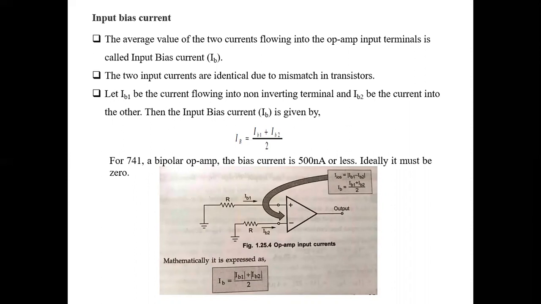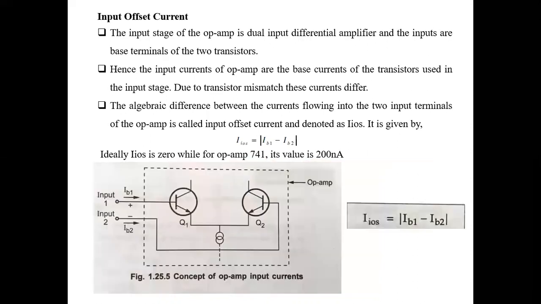This is the basic diagram for the input bias current. In IC 741, bias current will be 500 nanoampere or less. Ideally it must be 0.